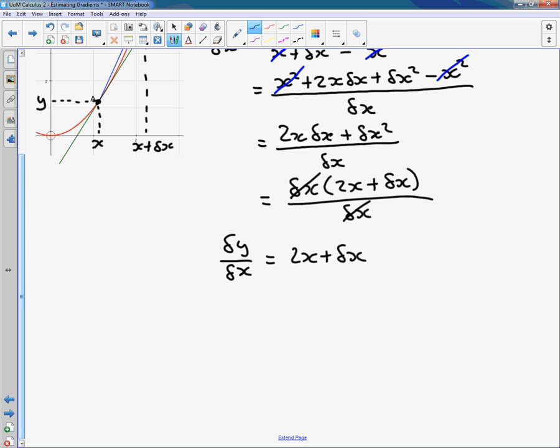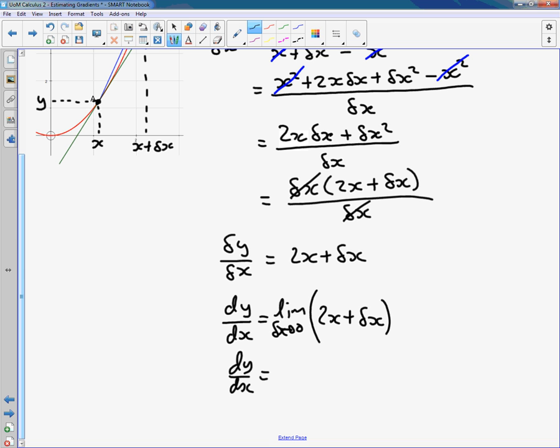So what we're going to have is dy over dx, our infinitely small change in y over an infinitely small change in x, is equal to the limit as delta x tends to 0 of 2x plus delta x. Which leaves us with the question, what happens to 2x plus delta x if delta x tends to 0?